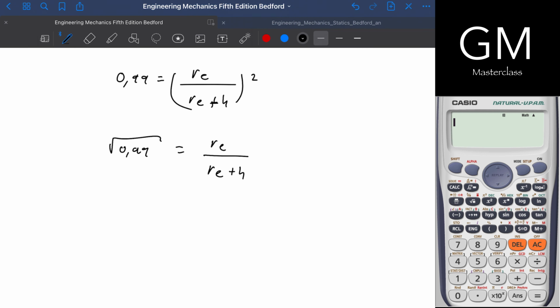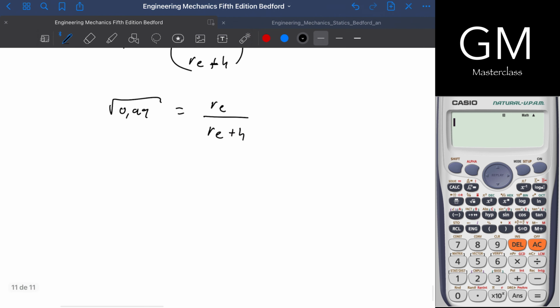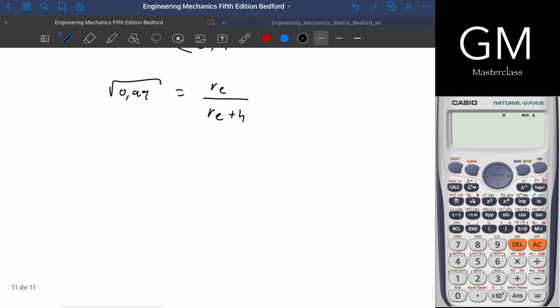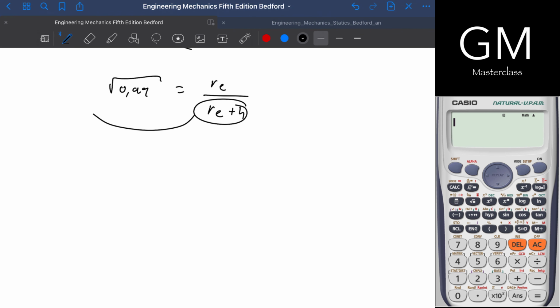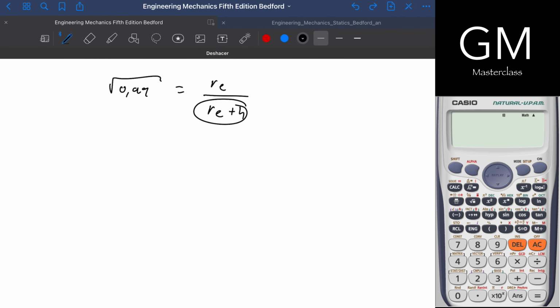And then I have to solve the equation for h. I'm going to do it step by step so you do not get confused. I'm going to send this part to multiply the other side of the equation.